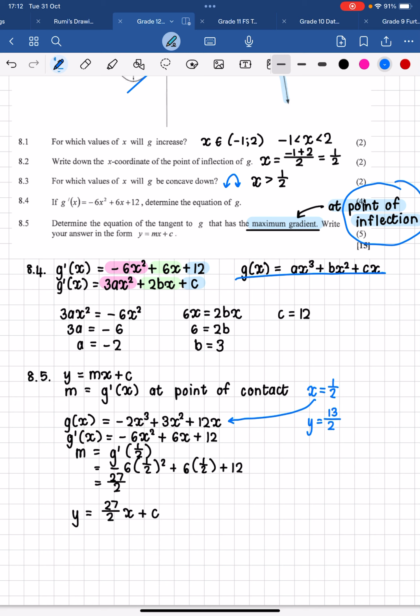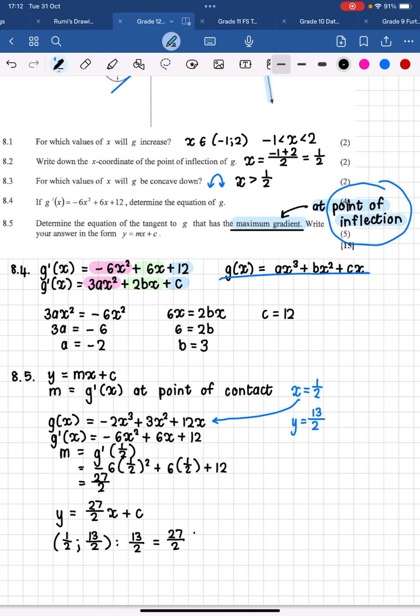So we now need to sub that point in. It was a half was the x value, and 13 over 2 was the y value. So I'm going to say 13 over 2 is equal to 27 over 2 times the x value, right? Y equals 27 over 2 times x plus c.